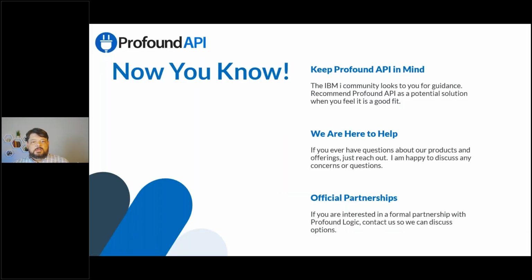And the whole point behind this webinar was now you know. That was the goal. Again, I'm not here to ask you to go out and sell our products or to sell Profound API to anyone. My goal here was to reach out to the influencers here in our IBM i industry and say, I just want to tell you what the product does and how it does it, so that you'll keep it in mind.